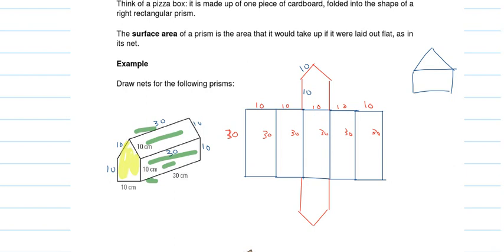So to find the area of this, you just find the area of your square, which is going to be, in this case, 100 centimeters squared. And then you have to find the height of your triangle, right? And then find the area of the triangle doing base times height divided by 2. But in this case, it's not asking you to find the surface area, it's just asking you to draw the net, okay?